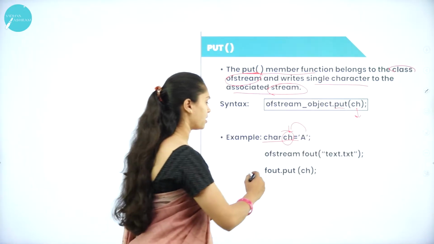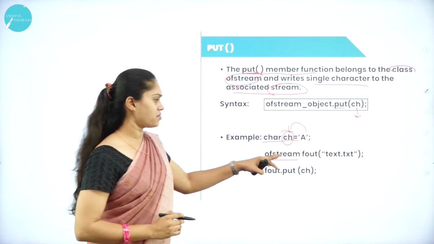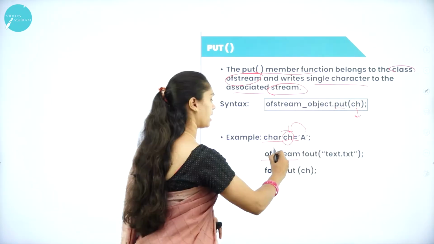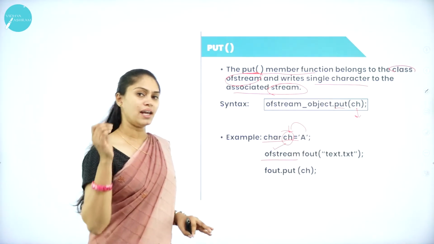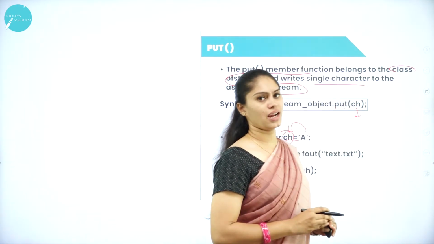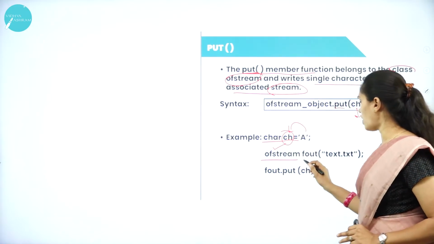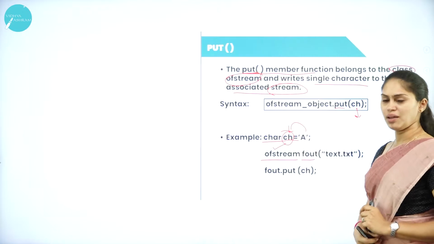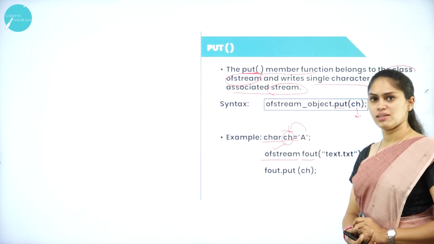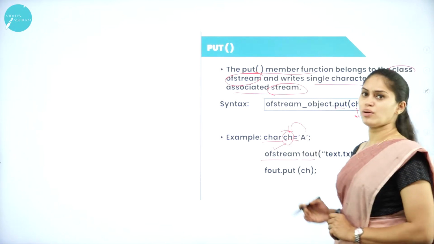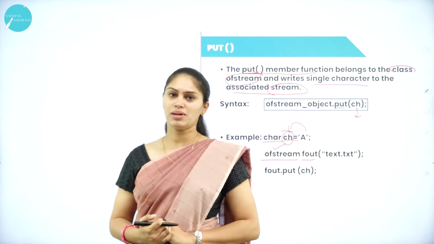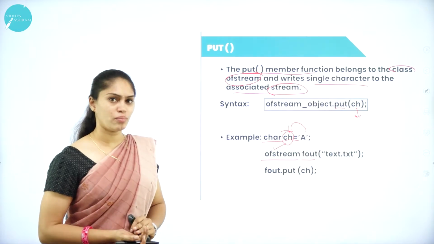Let's get back to this example. ofstream fout. I have a class called ofstream and I am creating one object called fout. So fout is the object of the class ofstream. Here I am opening a file. If I want to perform any read or write operation, the file must be opened. How can I open the file?